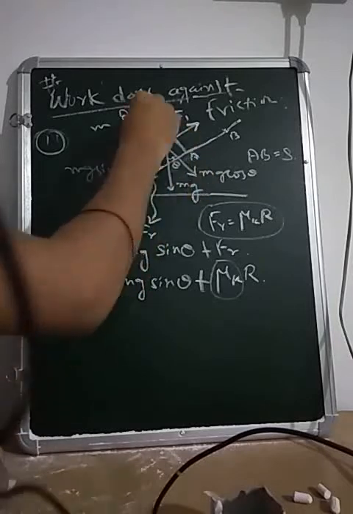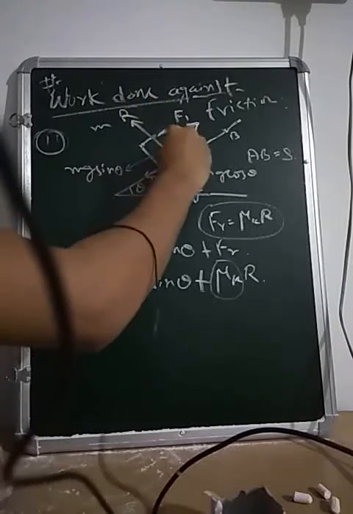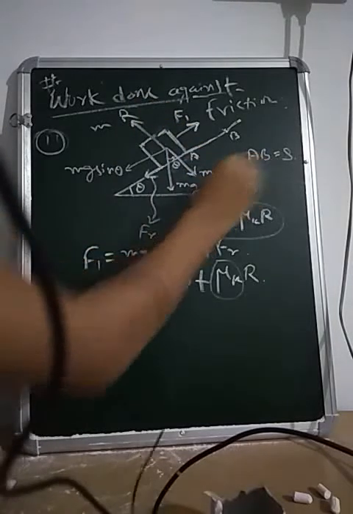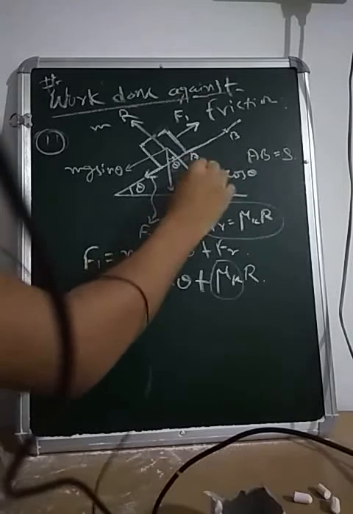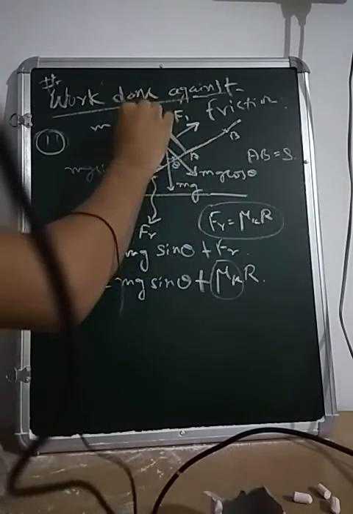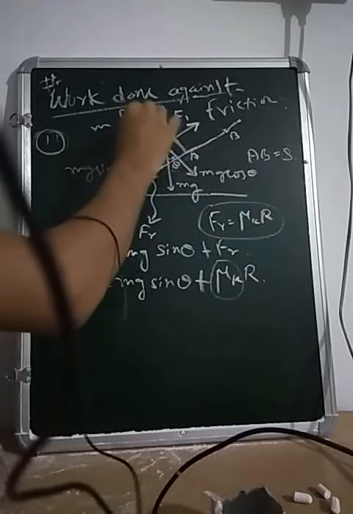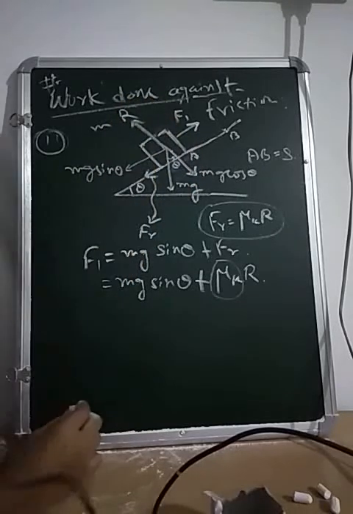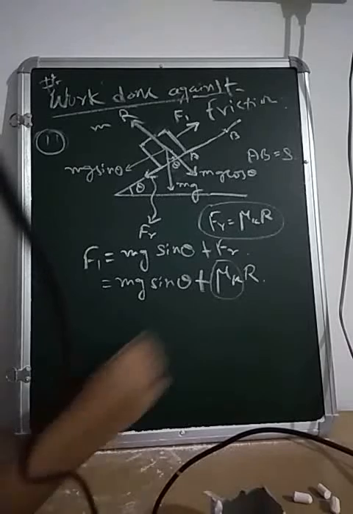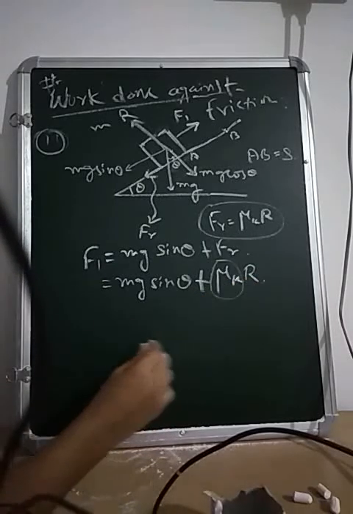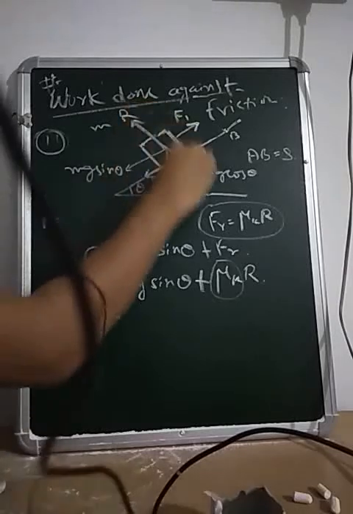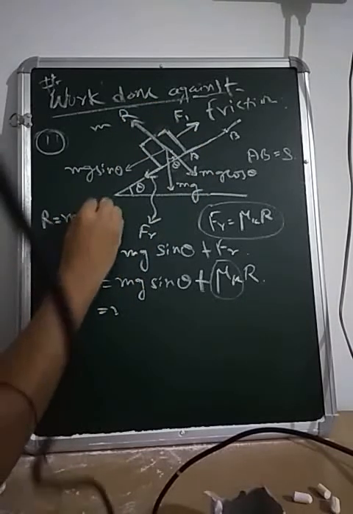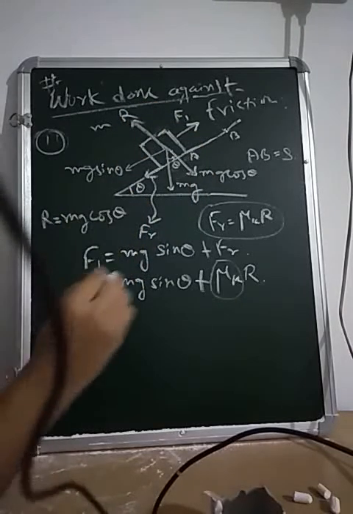So what will R be? This is the component of weight, mg cos theta, and R is present directly opposite to this component. So R is mg cos theta.